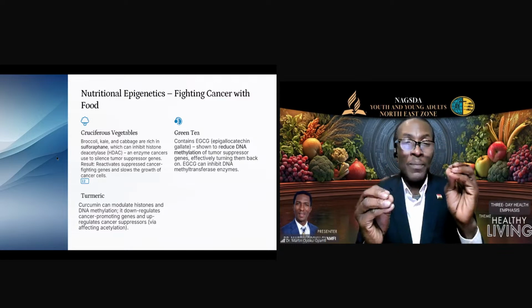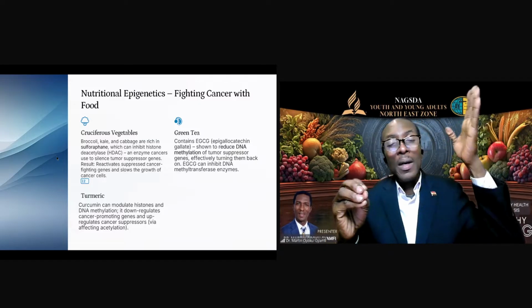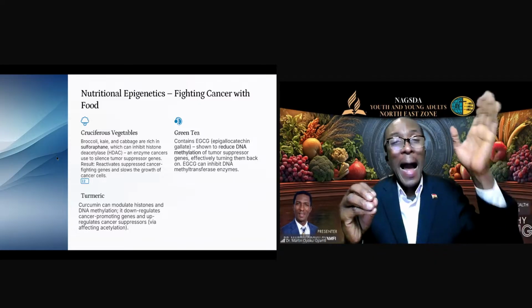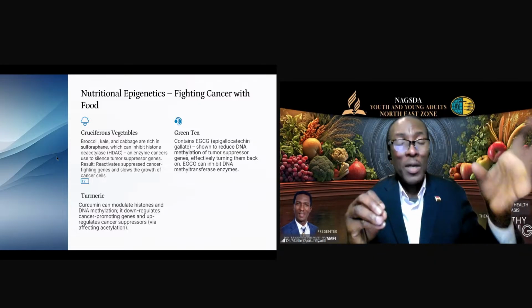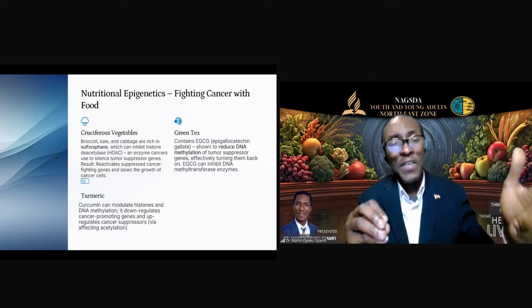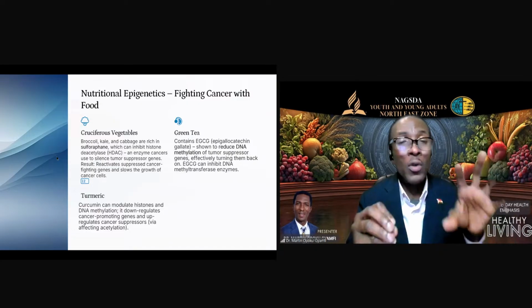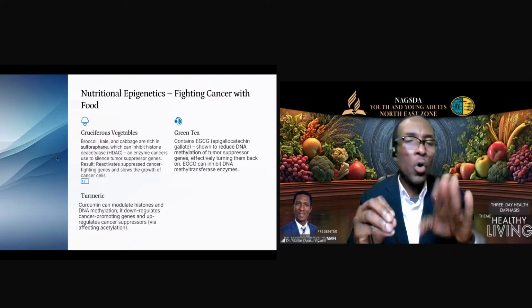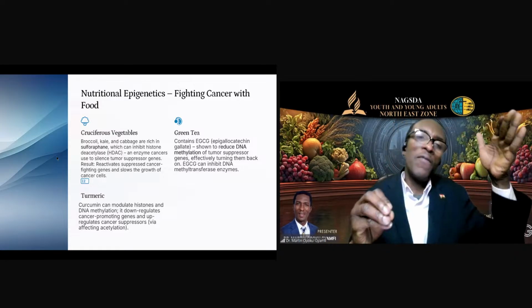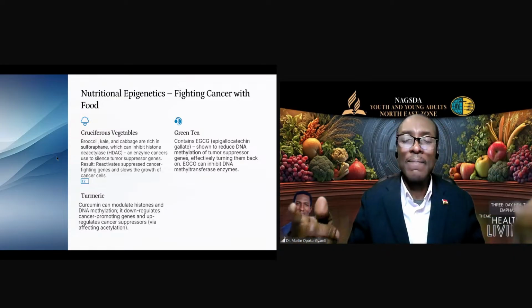So you see, epigenetics goes both ways. The high fat, high animal protein, the processed foods, high sugar diet, artificial flavors, artificial sweeteners, the dyes, blue, yellow, and all those colors that we eat, those things create negative epigenetic tags that can cause cancer.